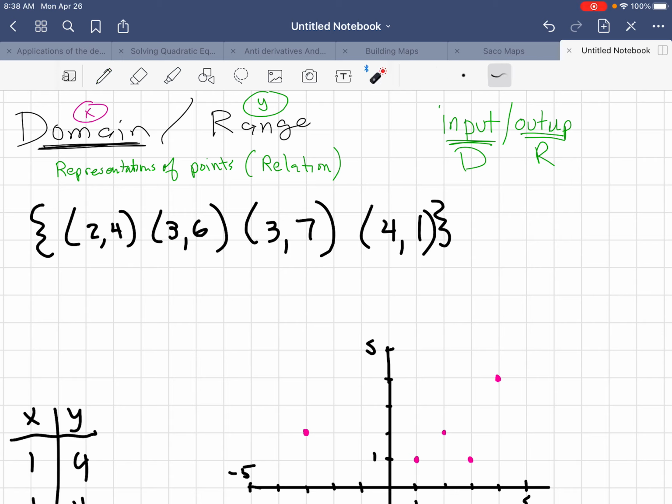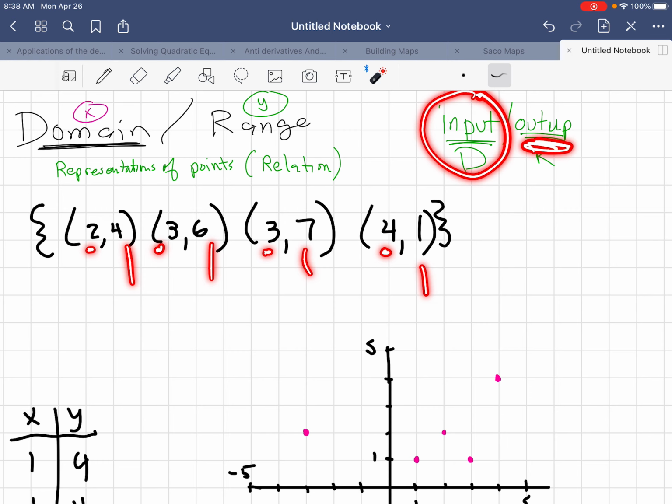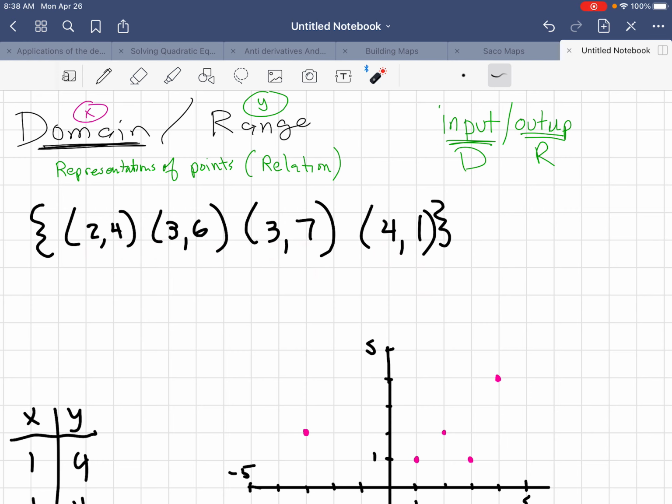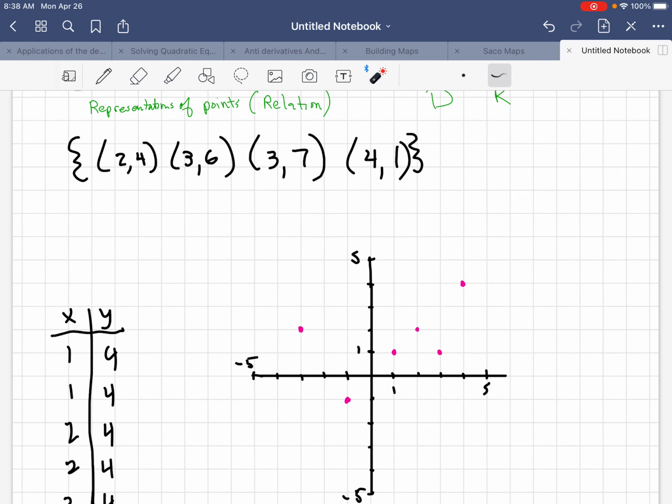Whenever you see a list of points, the first values are always your inputs, and the second values are always your outputs. Whenever you see a table, your inputs are on the left, your outputs are on the right. Whenever you see a graph, your inputs are your horizontal numbers, and your outputs are your vertical numbers.